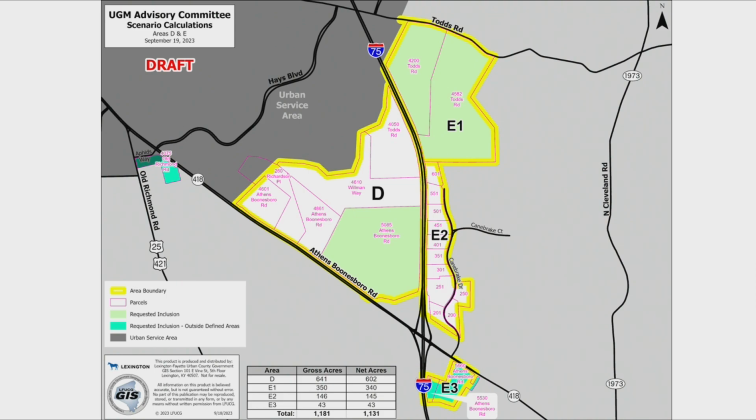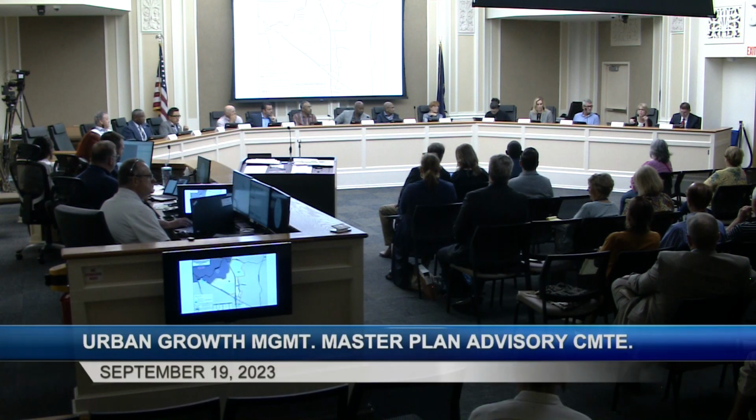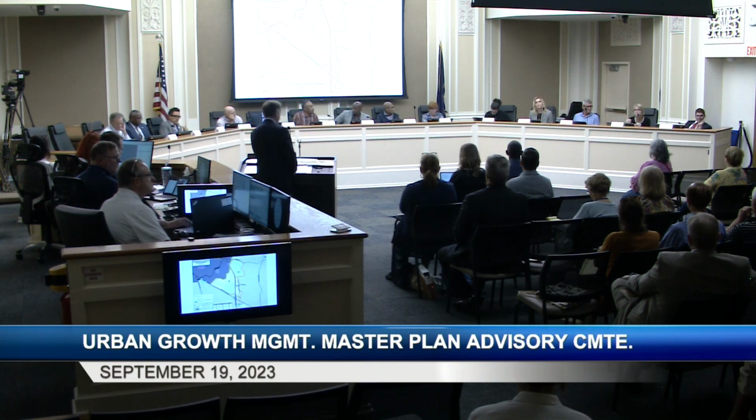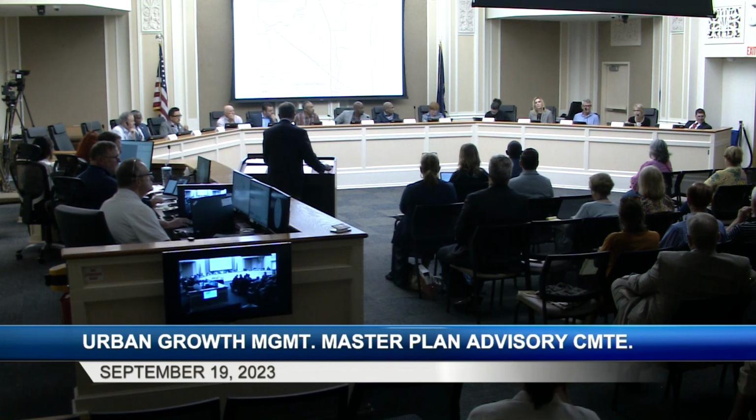Thank you, Chair. Director Duncan, this is a general question that I have. When we talk about exclusion and inclusion, how did folks out in the area know that they could come forward and say that? Was it only those at the public meeting that we had? I know we had attorneys that said we want to be included. I just wondered how that was handled. Councilmember Plummer, are you talking about the way that we coded the map, whether people wanted to be included or not included?